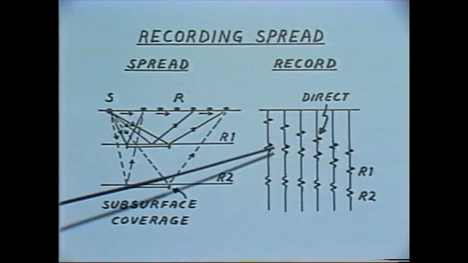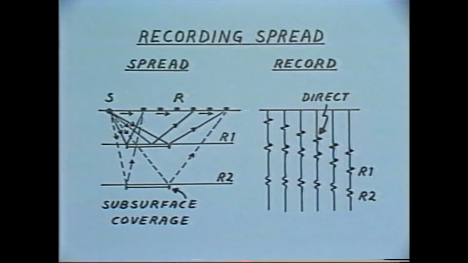When one record has been made with this type of arrangement, then the whole setup of sources and receivers would be moved along the seismic line some distance, and the process would be repeated. The distance which the source and receivers would be moved is usually some increment of the spacing of the receiver groups.